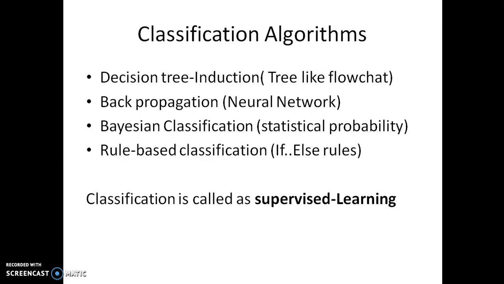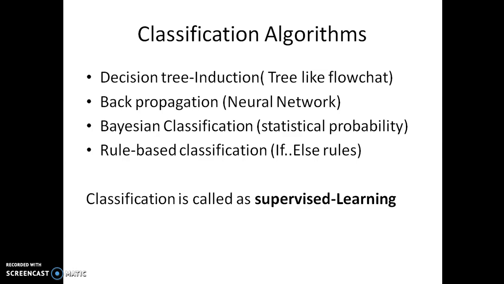The most important classification algorithms are decision tree induction, backpropagation, Bayesian classification, and rule-based classifier. In each of these classification techniques, the model that we build has a different form. In decision tree induction, the built classifier is in the form of a tree-like structure.